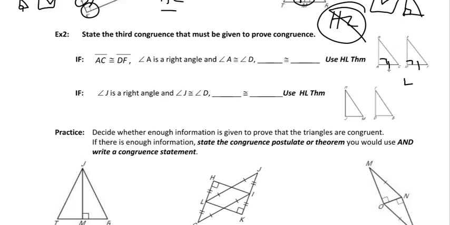We've checked off our box for legs. We've checked off our box for right triangles. What else would we need? Well, we need to check off our box for hypotenuse. So we would have to show that BC was congruent to EF. That would allow us to finish the proof by HL.